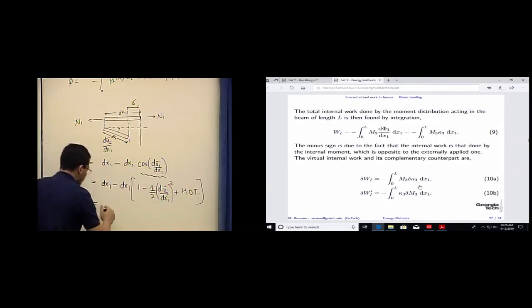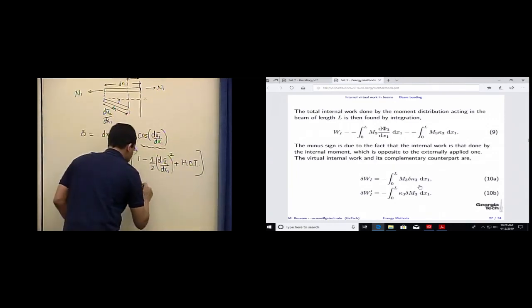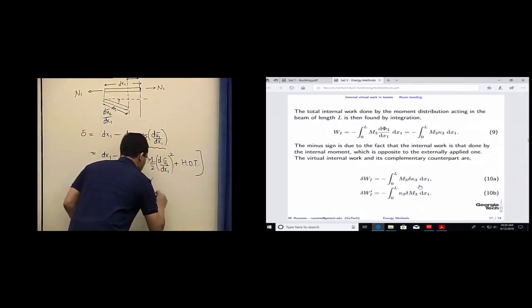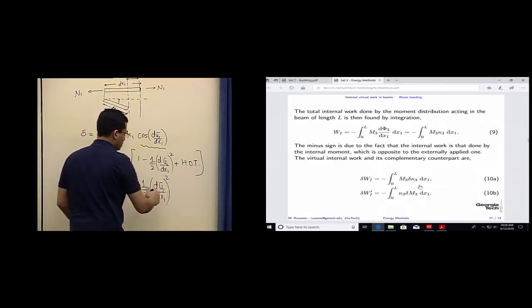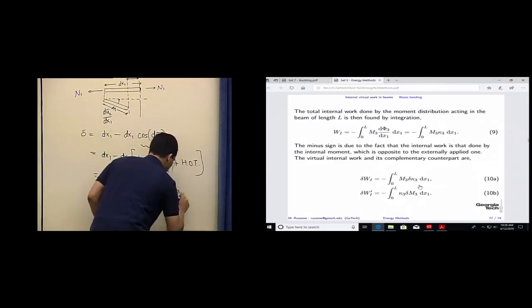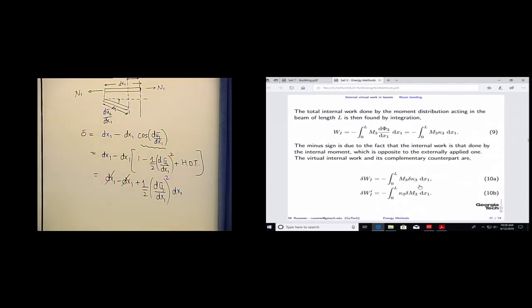So simplifying this expression becomes dx1 minus dx1 plus 1 half du2 over dx1 whole square, the square of the term, times dx1. So this will cancel each other and delta is left with that expression, 1 half du2 over dx1 whole square dx1.